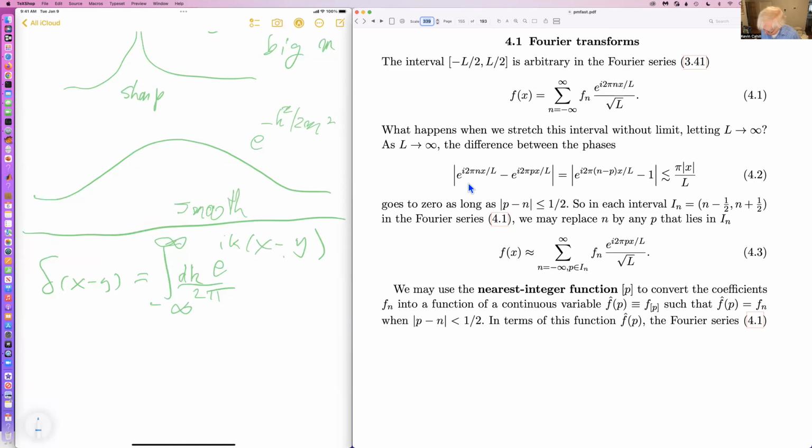And this is, of course, a continuum version of a delta function that you saw earlier, when we did Dirac's comb.